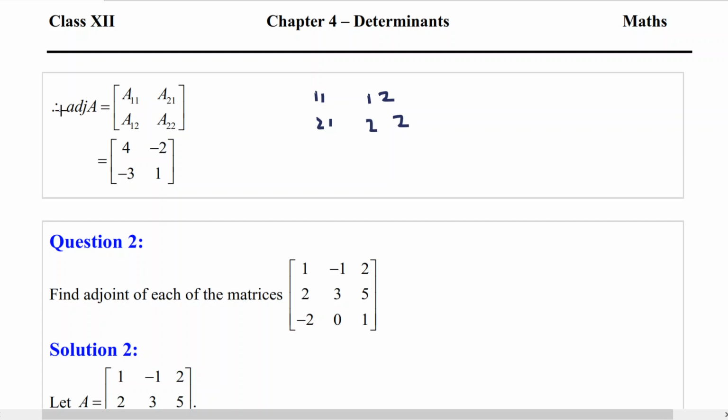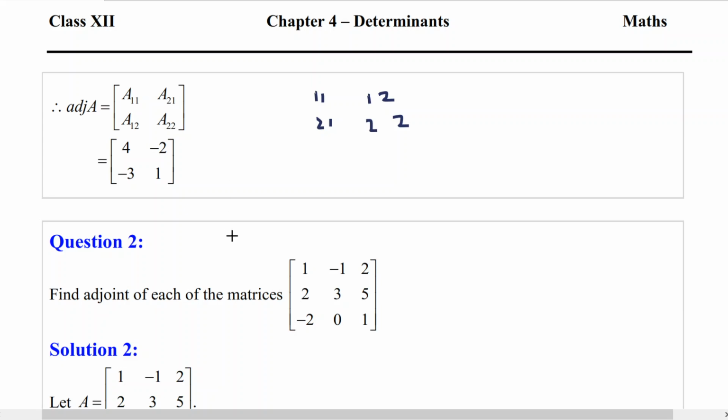But here, while writing the adjoint, you need to write the cofactors in this form: 11, 21, 12, 22. Therefore, I said adjoint A is the transpose of a matrix formed by the cofactors of the elements of a matrix. So once you find the cofactors, you arrange those cofactors in this manner: 11, 12, 13, like this, 21, 22, 23, and 31, 32, 33.